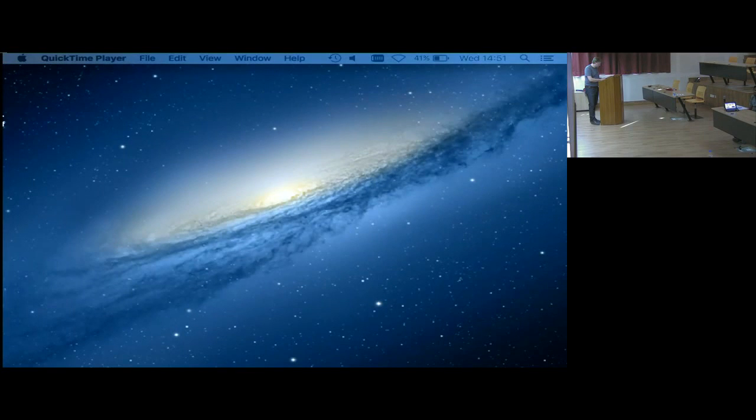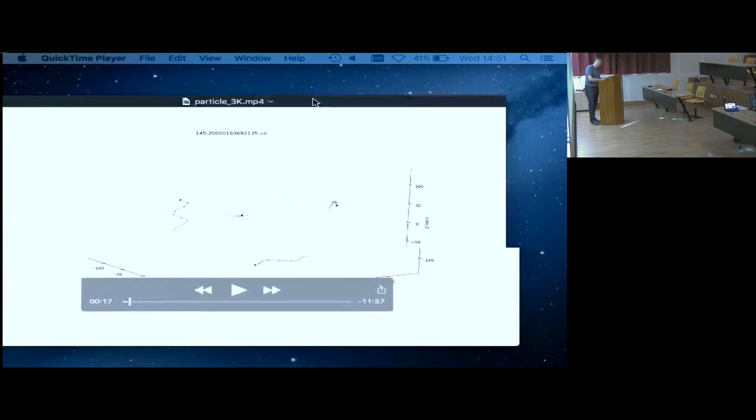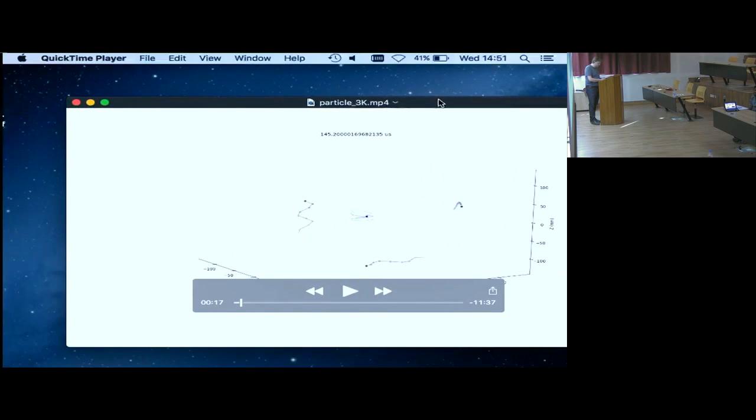There's a difference if you look at the motion now. The feedback is on, but only in the Z direction. So what do you expect to see? How is the motion different if you do cooling? Yes, exactly. That's very simple.